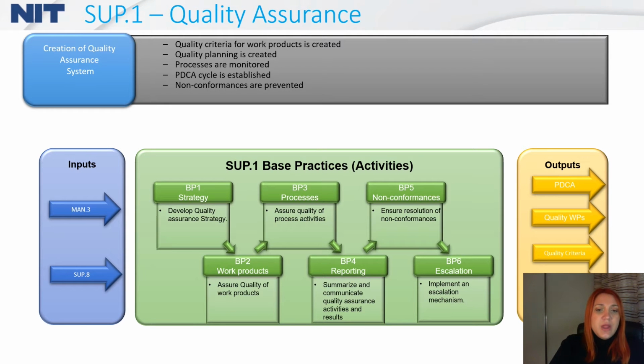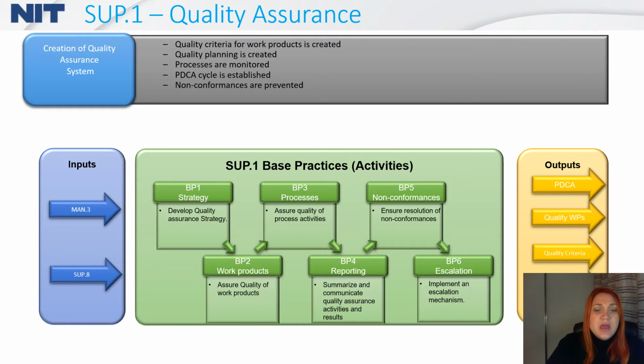Those two inputs will help the quality assurance process to establish the strategy, which is BP1, then to assure quality of the work products, which is BP2, then to assure quality of process activities, BP3, to summarize and communicate quality assurance activities and results, which is base practice 4. Then in base practice 5, to ensure resolution of non-conformances, and in base practice 6, to implement an escalation mechanism.